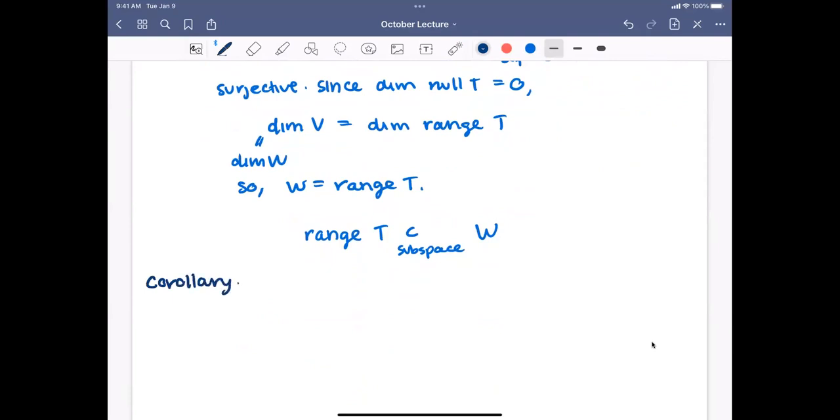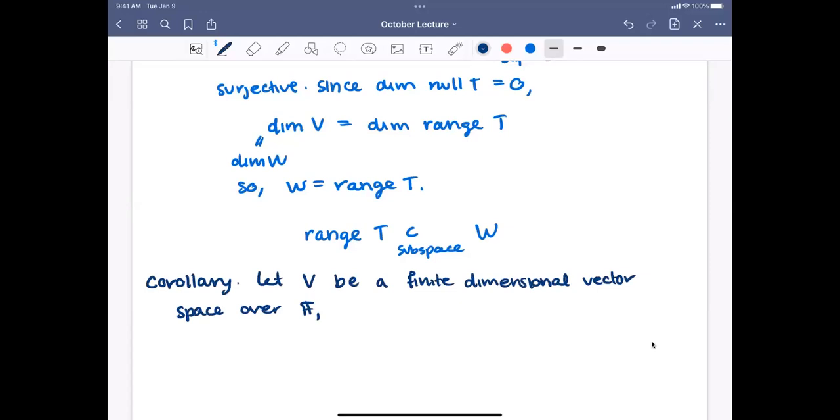So if V is a finite dimensional vector space over F, then V is isomorphic to F to the N for some N.